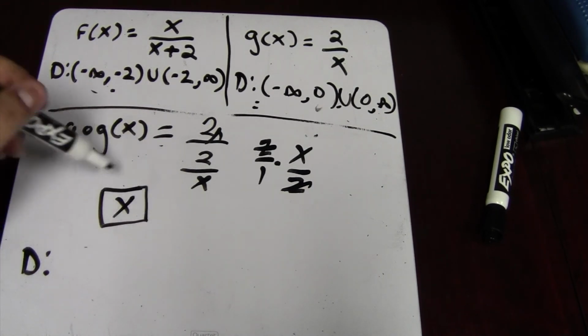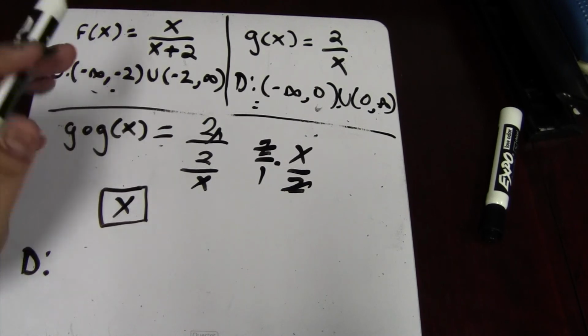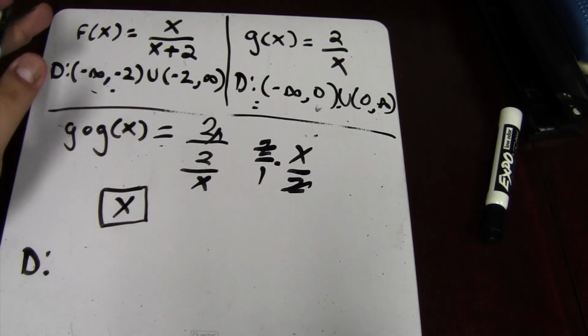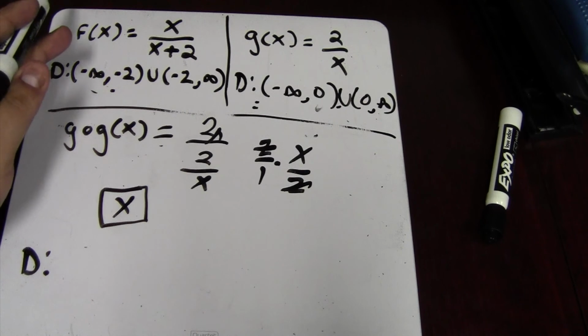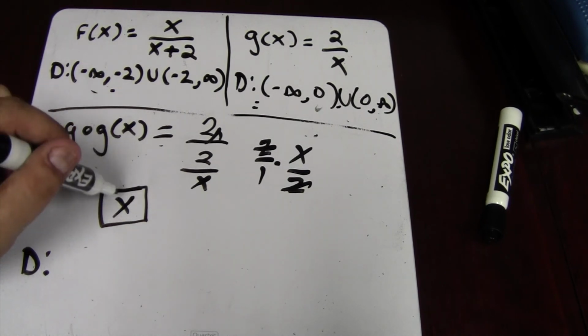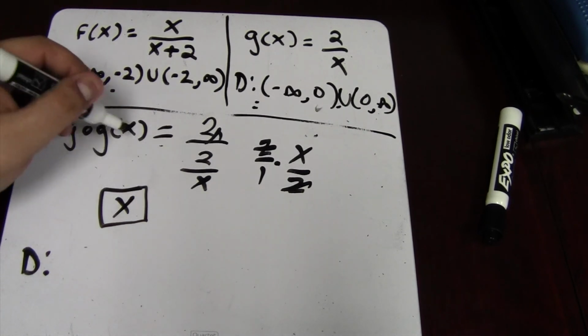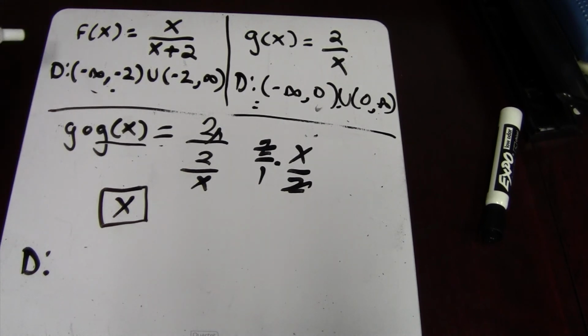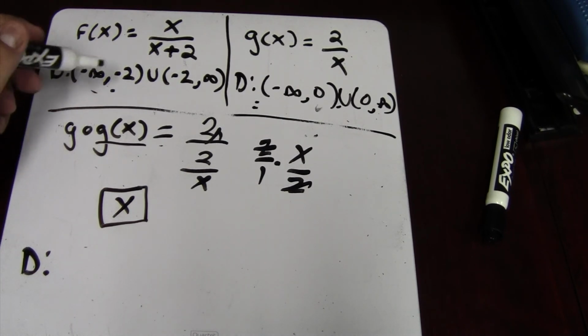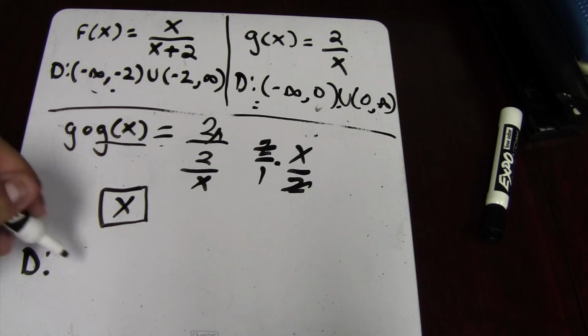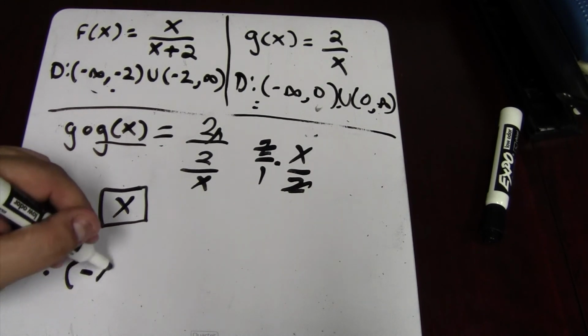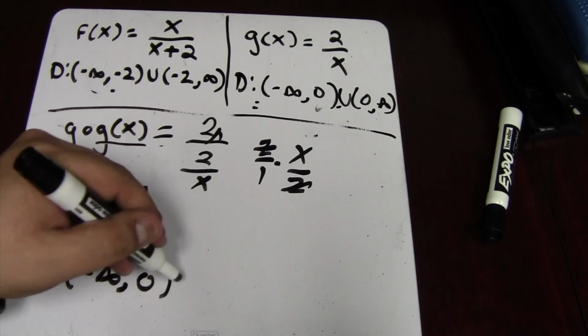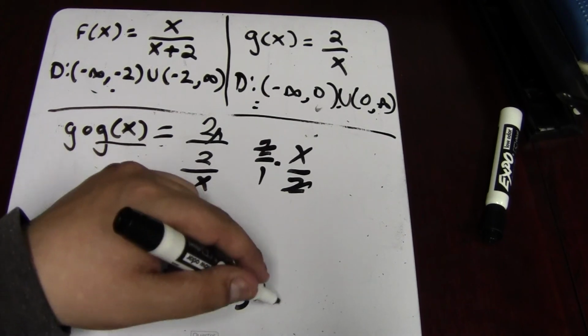Now the domain of x itself, if it was just f of x equals x, we know that that can be all real numbers. But remember, you have to include the domain of what we're plugging in. So the domain here would be negative infinity to 0 union 0 to infinity.